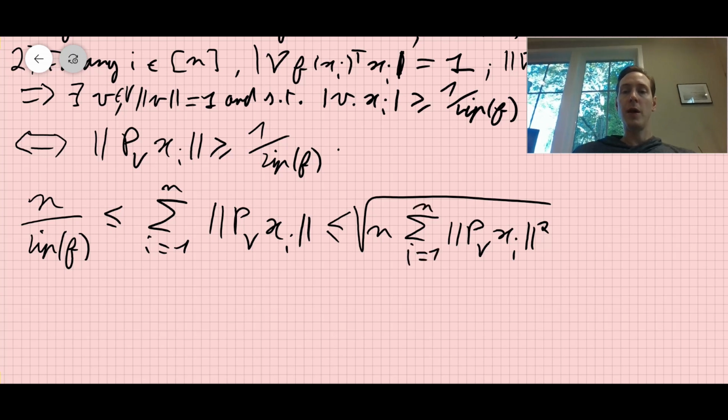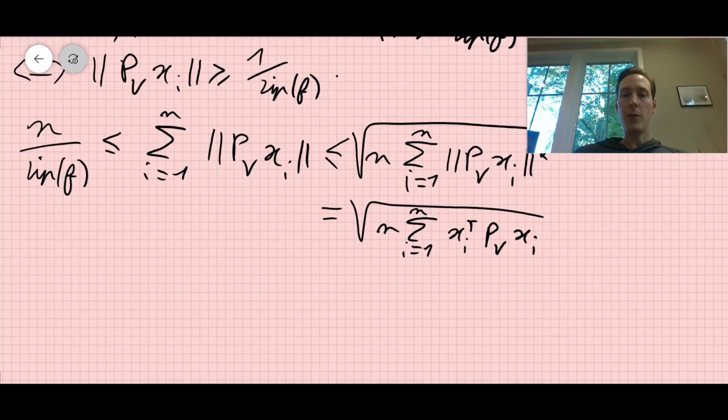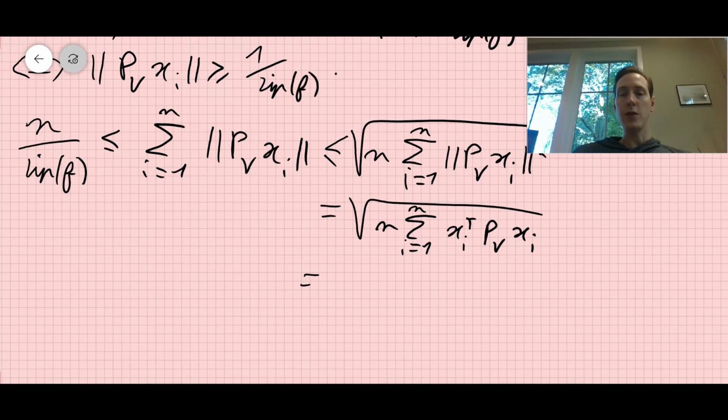Now, the norm squared is just the inner product of the vector with itself. So that's xi transpose PV transpose PV xi. PV transpose PV is just PV. So this is square root of n times the sum for i equals 1 to n of xi transpose PV xi, which we can rewrite as an inner product of matrices.